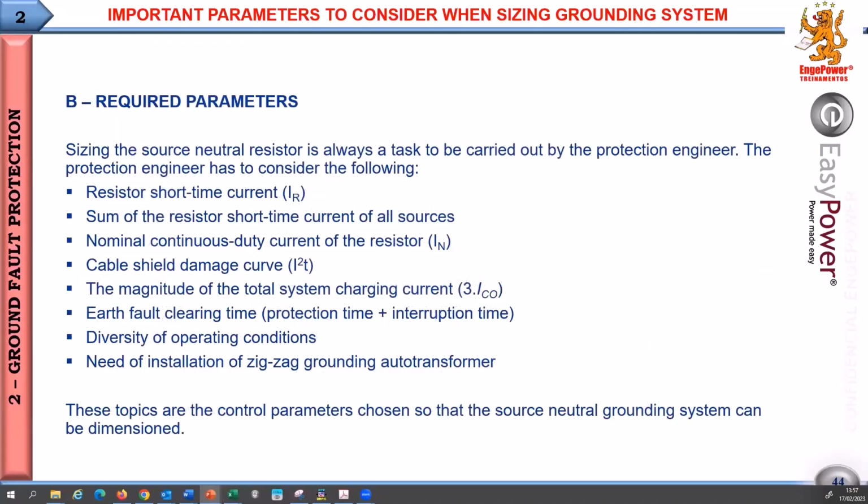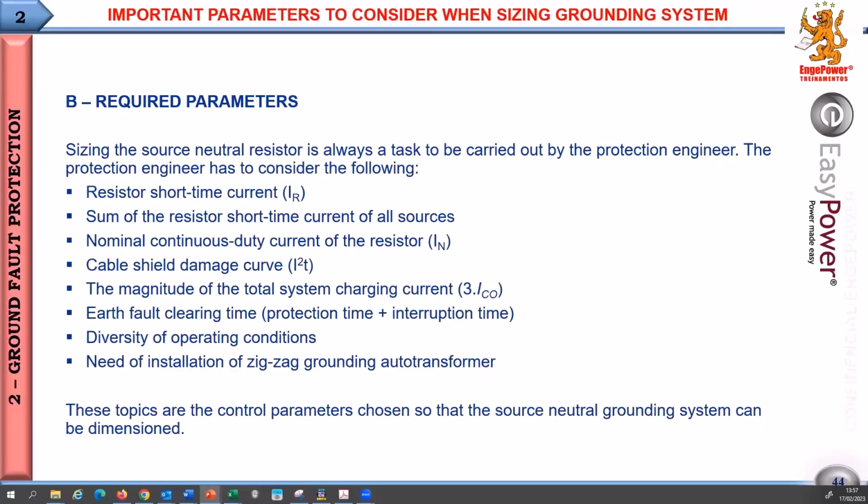So some required parameters are written here. Resistor short time current, sum of resistor short time current for all sources, nominal continuous current of the resistor. This is something that most of the guys never thought about, because what you have in the nameplate of the resistor is the short time current.